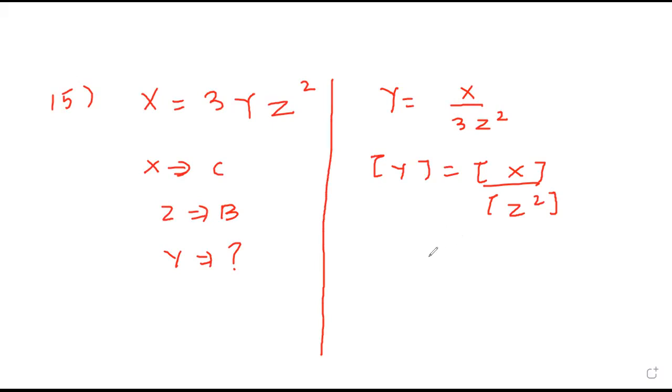Dimension is actually the power of units, so no unit, no dimension. So this is C and this is magnetic induction B.